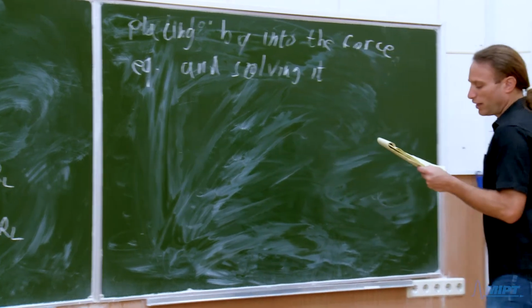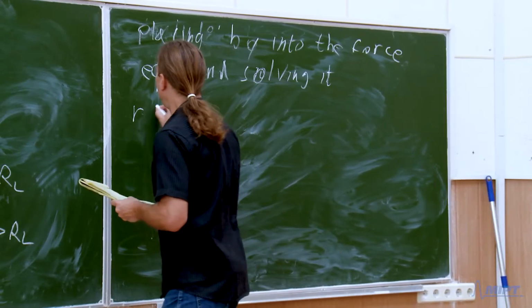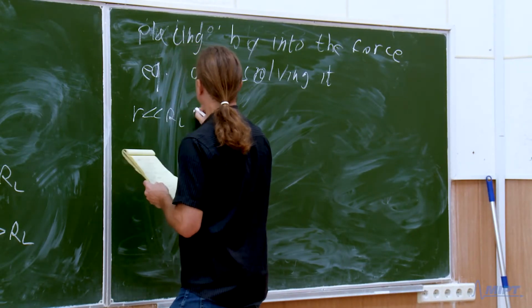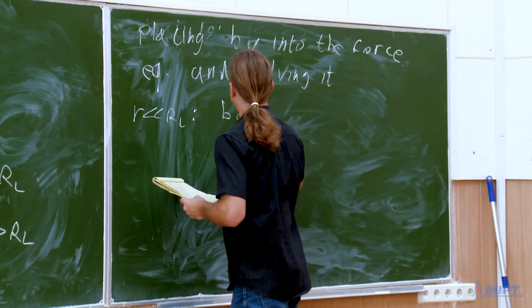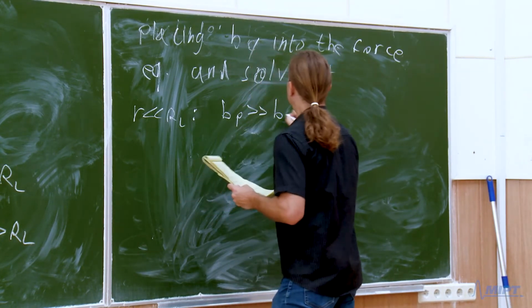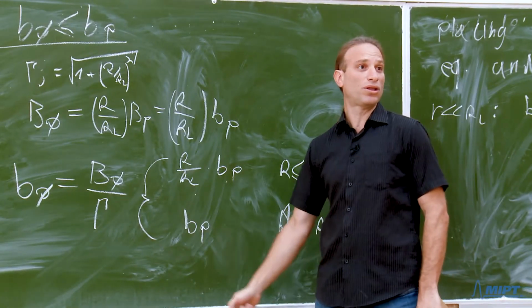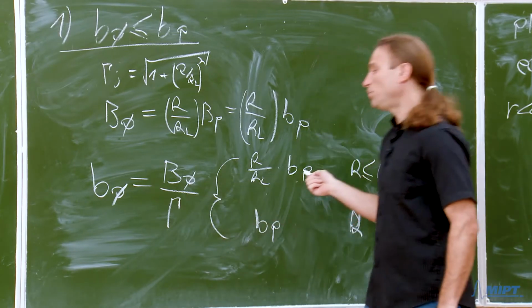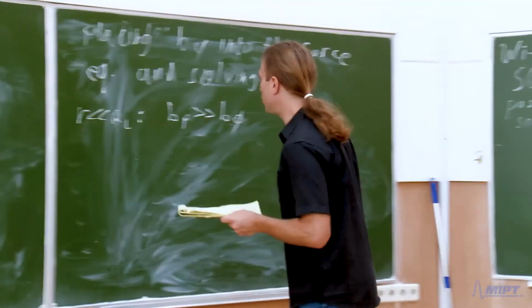okay, under two approximations. In the approximation that r is much smaller than RL, we use the approximation that BP is much larger than B phi, okay? Because when r is much smaller than RL, this quantity is much smaller than 1. So I have only BP. B phi I'm approximating to be 0.